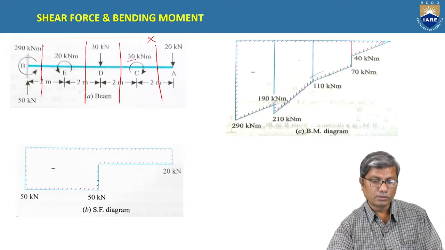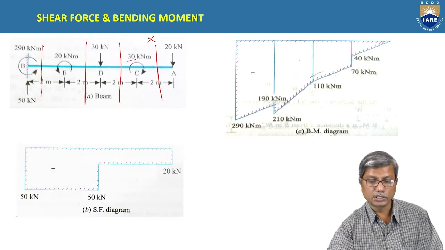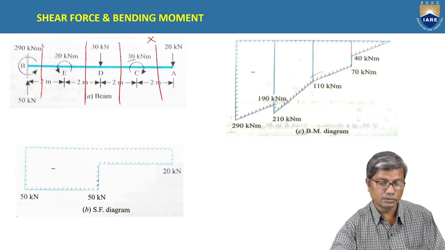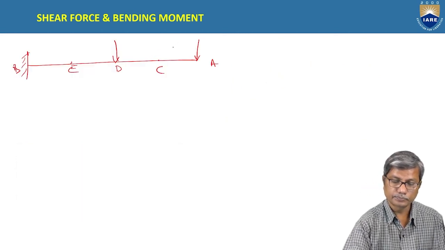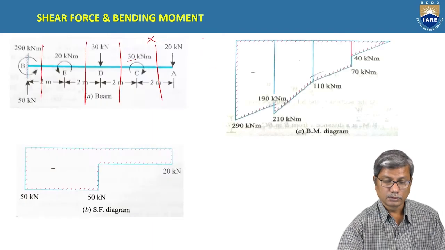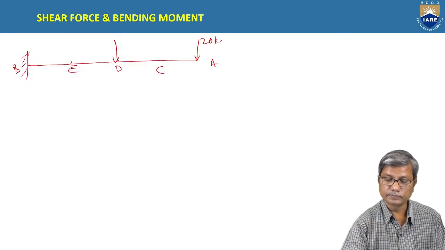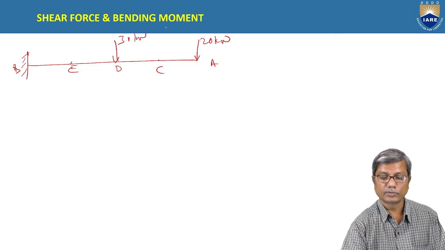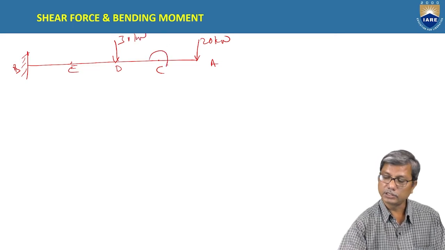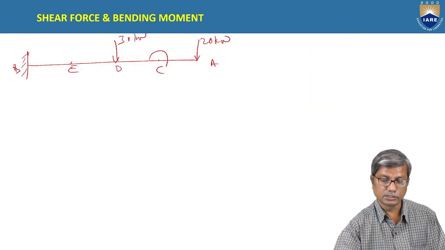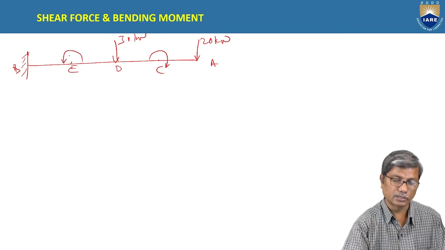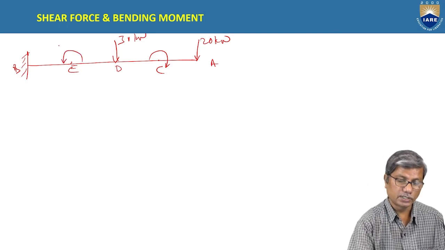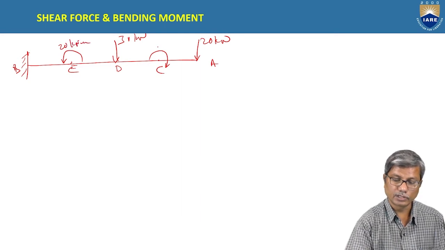The loads are 20 kilonewtons and 30 kilonewtons, and the direction of the moment is important. This one is clockwise and this is anti-clockwise. This is 20 kilonewton meters and here it is 30 kilonewton meters.